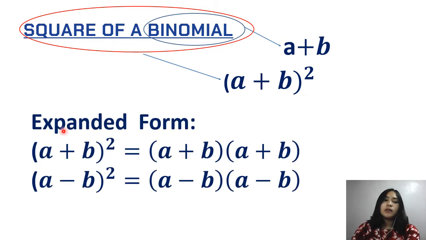Its expanded form: a plus b squared is equal to a plus b multiplied by quantity of a plus b. And an example, a minus b squared is equal to a minus b multiplied by the quantity of a minus b. So this is how we're going to expand a square of binomial.